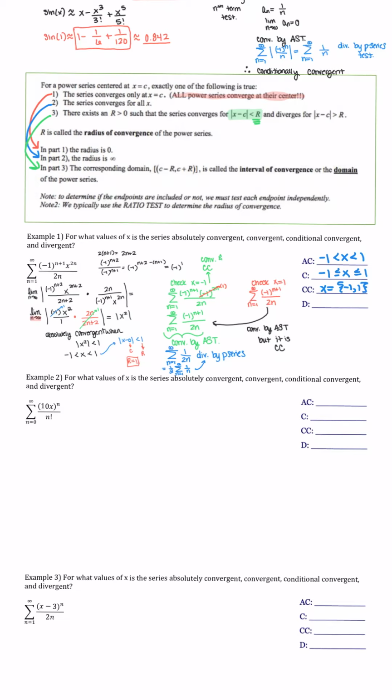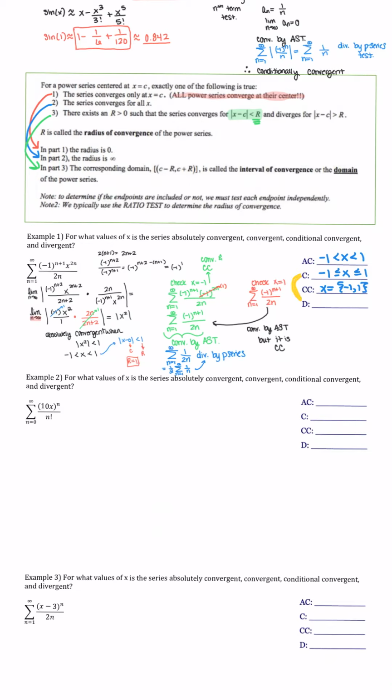And then it's going to be divergent anywhere that it is not convergent. So if I just look here, the convergent and divergent, they have to complement one another. So it's going to be divergent from negative infinity to negative 1, not included, union 1 to infinity, where that 1 is not included either.